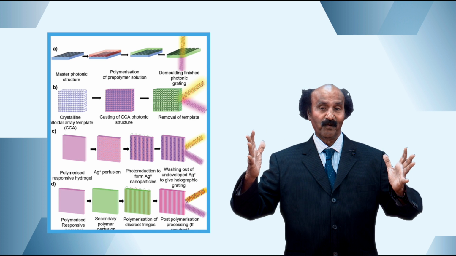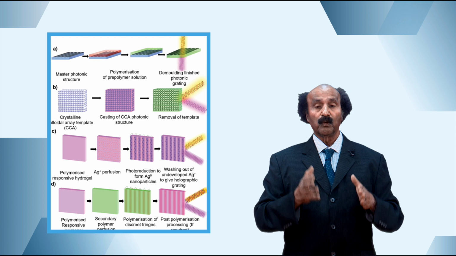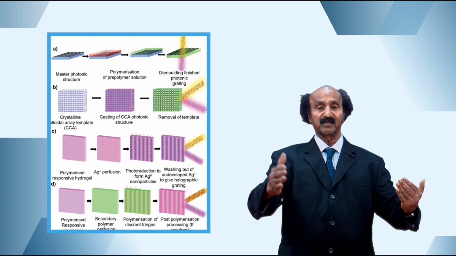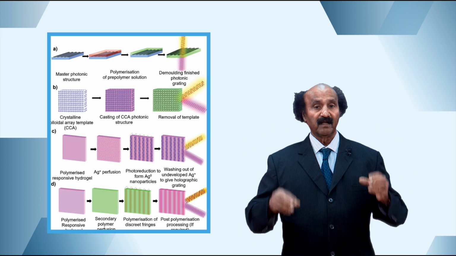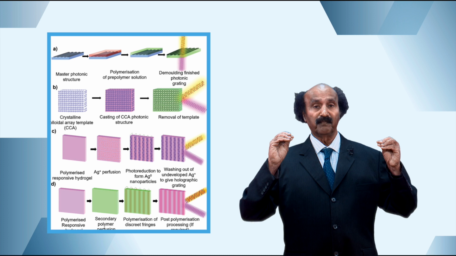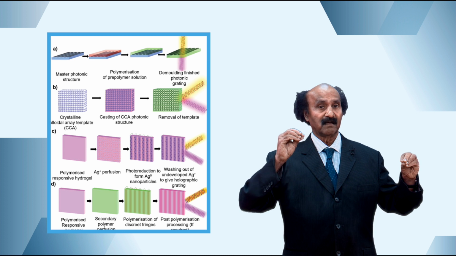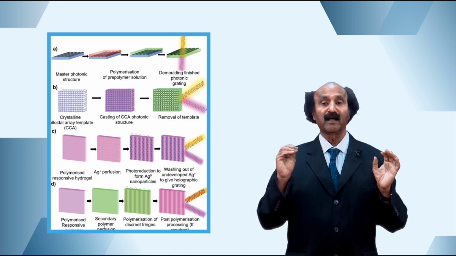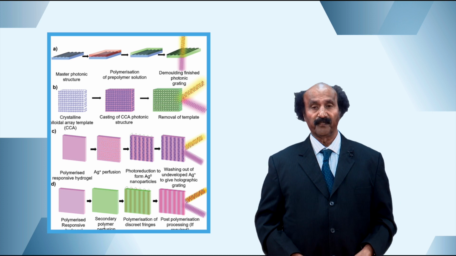If you have more lines, most of the energy would be concentrated in +1 or -1, and that will be resolved also. That is the advantage. This is one of the important applications of holography, and it has pushed the resolution limit of optical microscopy and optical spectroscopy to an enormous extent.